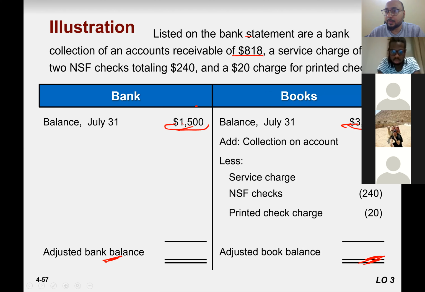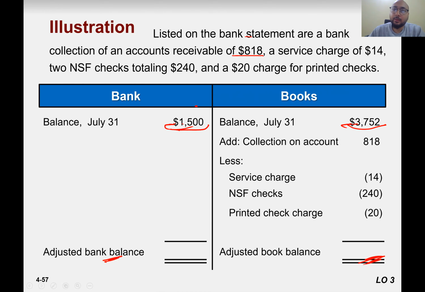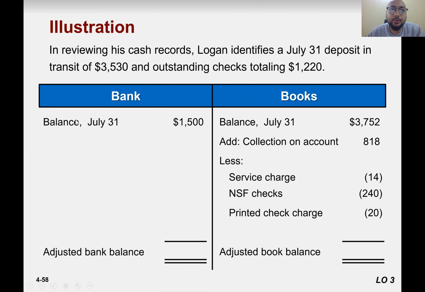Good. So now let's talk about the others. In reviewing his cash record, Logan identifies a deposit in transit. Deposit in transit is not written on the bank side, right?